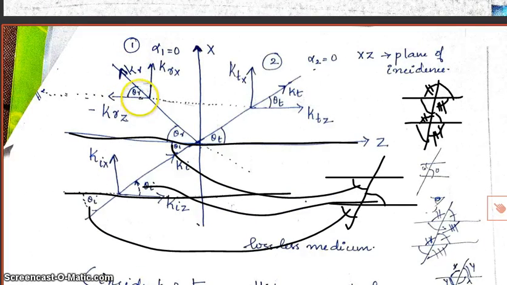Similarly here, this is my theta R, so this KRZ will be my cos theta component and KRX will be my sin theta component. Similarly here, this is my theta T, so this KTZ will be my cos theta component and KTX will be my sin theta component, right?